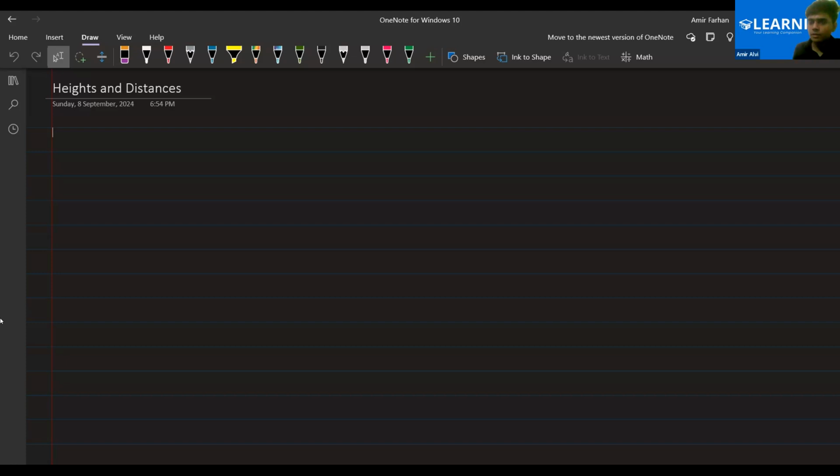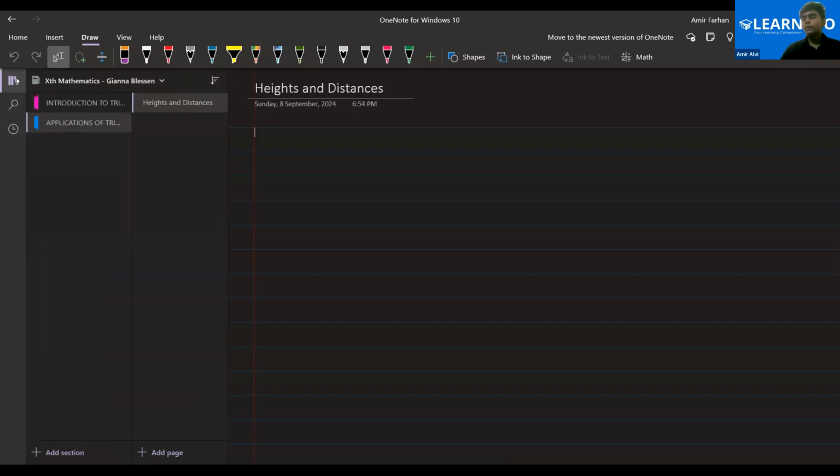We can start probability as well if you want. Since heights and distances are not coming in your exam, it would be much better to start a new chapter that is coming in your exam, so you can prepare for it.